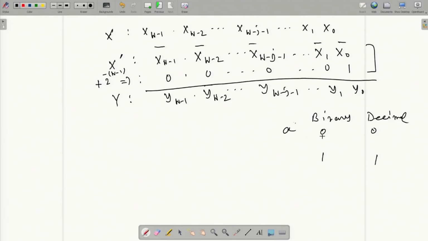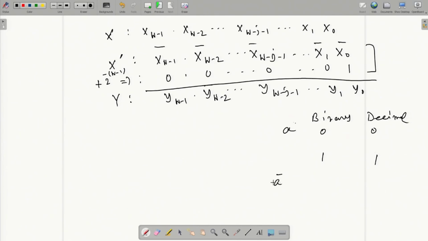If a is 0 in binary, it is to be treated as a decimal digit 0. When it is in decimal domain, we do not call it a bit anymore, because in the decimal case, even if only a single point, it can have more than 2 possibilities, 0 1 2 3 up to 9. So, whenever you have more than 2 possibilities, we no longer can call it a bit, we call it a digit. So, it is a digit, but the digit value remains the same. If it is binary 0, it is decimal 0. If it is binary 1, decimal 1, that is for a.